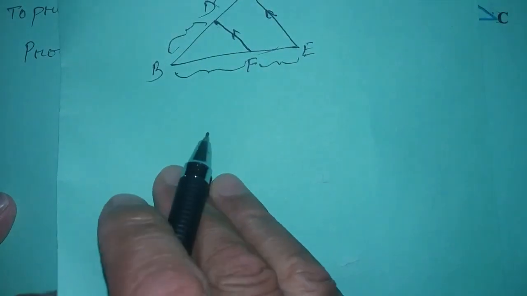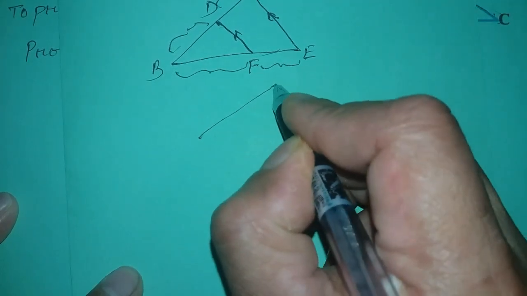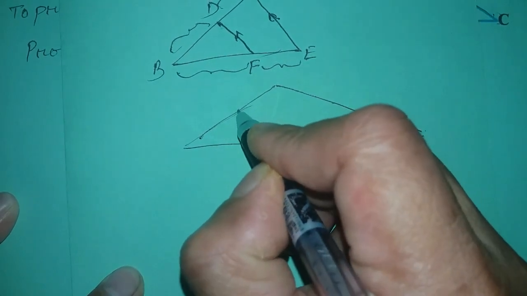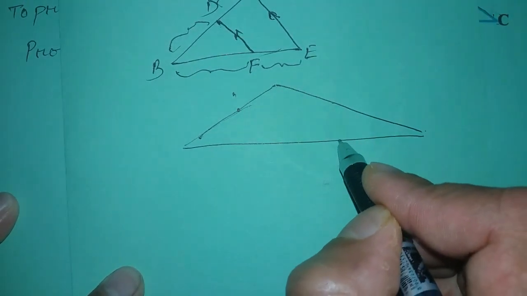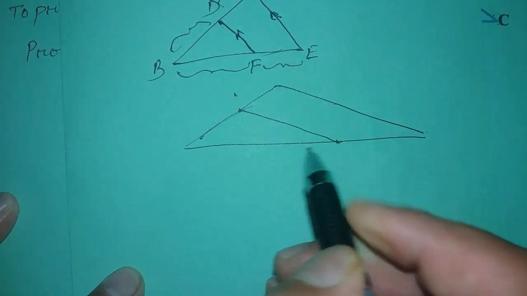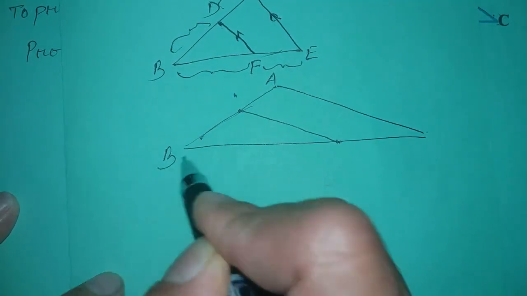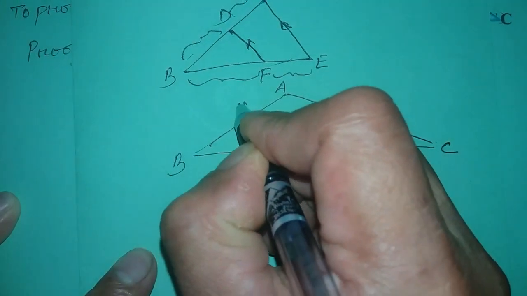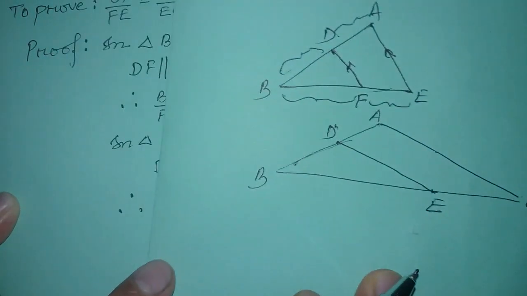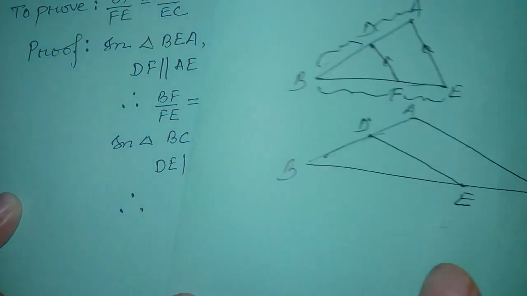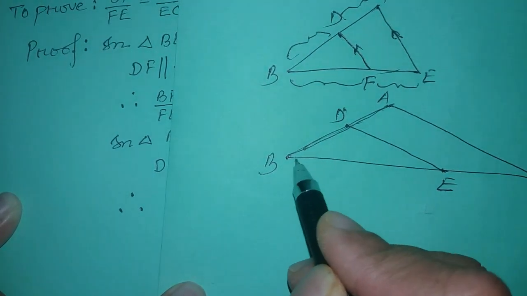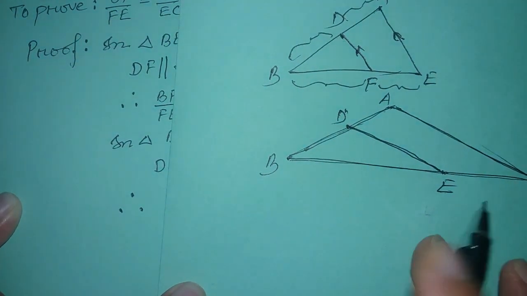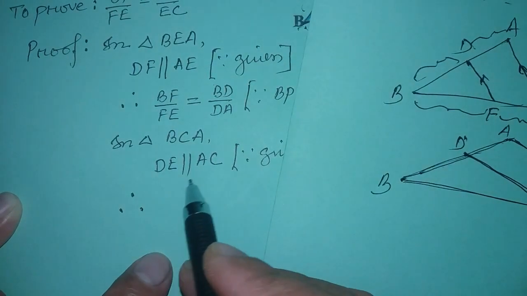now again our triangle is this big triangle. This is A, this is B, and this is C, this is D, this is E. Now in this triangle, these two lines are parallel, that is DE is parallel to AC.